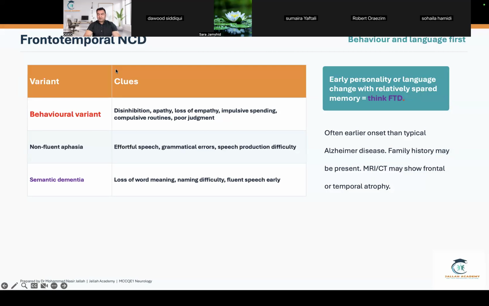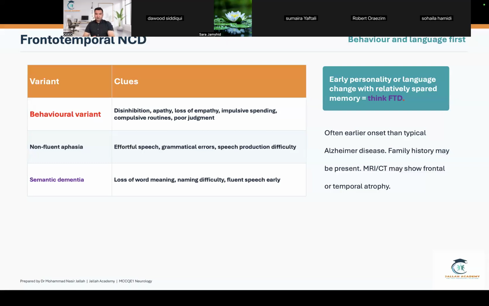Frontotemporal. Okay, this is very interesting. I have seen this in almost every subscription, very commonly tested. This is also dementia, but remember, the frontotemporal is the personality area. So the personality change comes before the dementia.